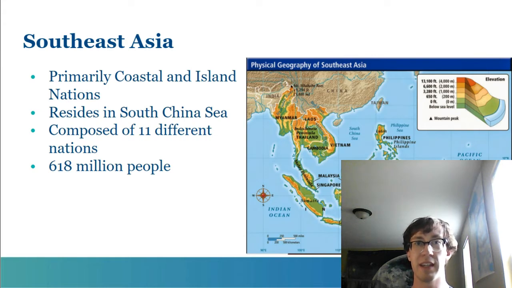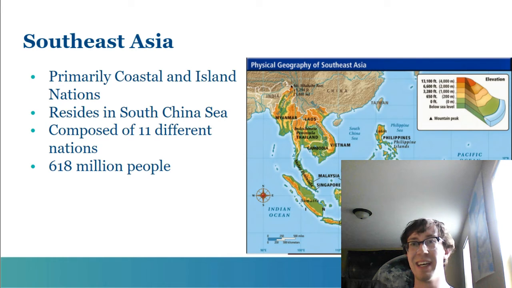It is home to over 618 million people, making it the third largest subregion in the world, twice as big as the United States in terms of population, even though it's much smaller in terms of area size.